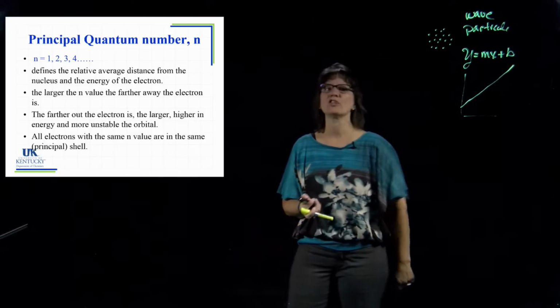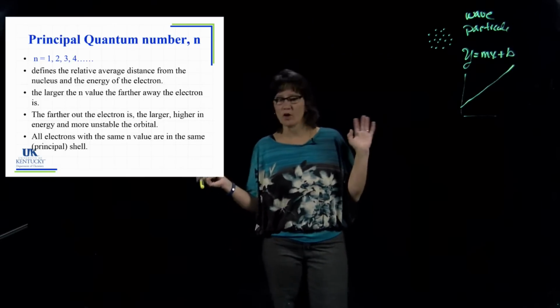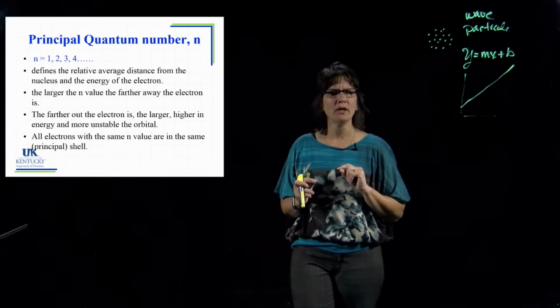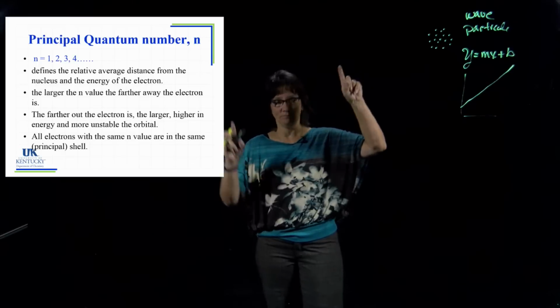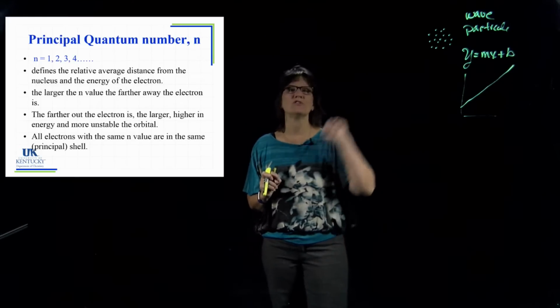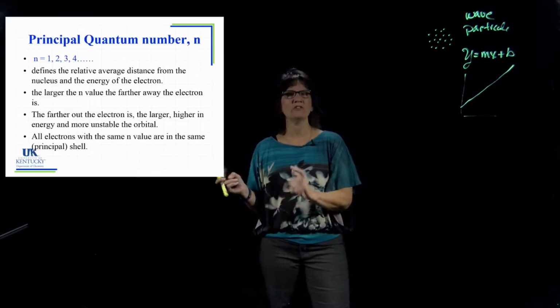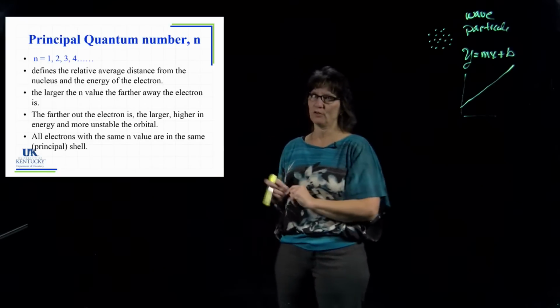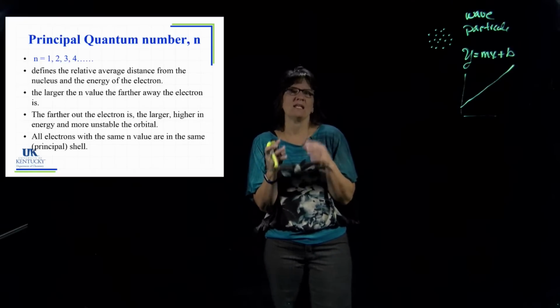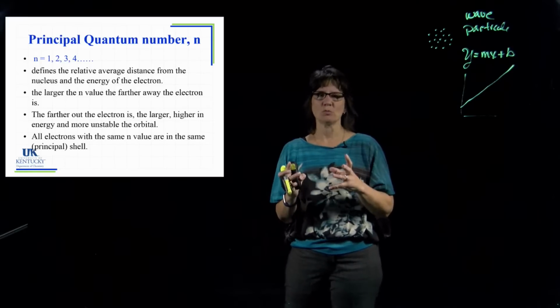Now, any two electrons that have the same n value are said to be in the same principal shell. Let's go to our analogy. Everybody goes to the university. The first value is which university are you in? So if you had the same value of this quantum number, you would know you went to the same university, okay? And somebody else had a different value, they're at a different university. Well, with the n's, every electron that has the same n is said to be in the same principal shell.